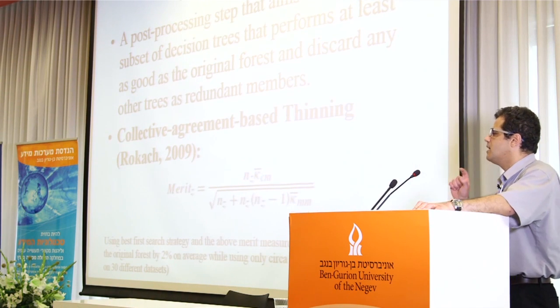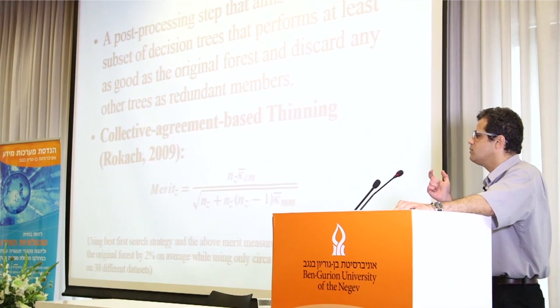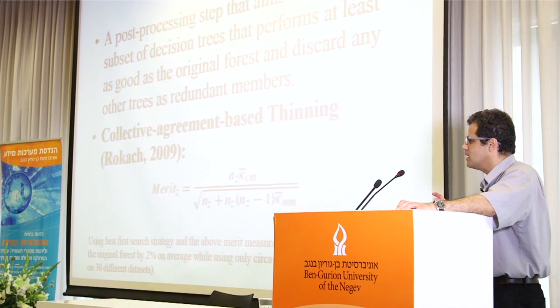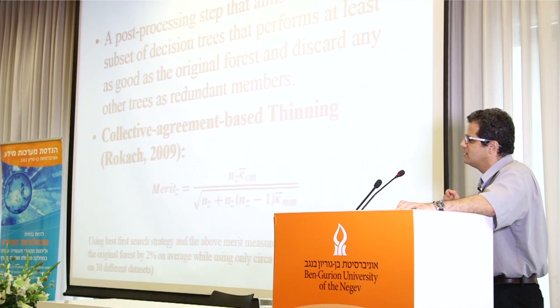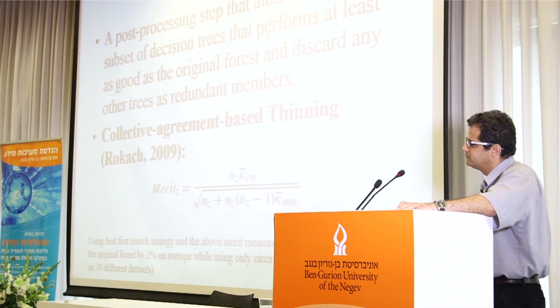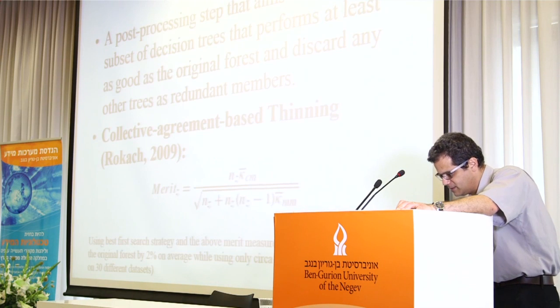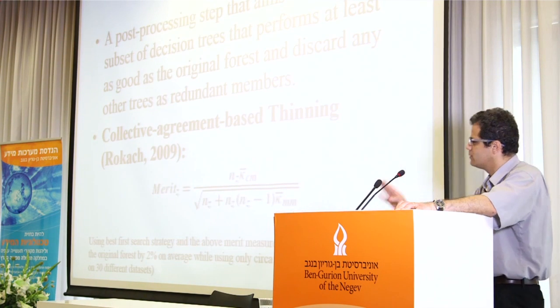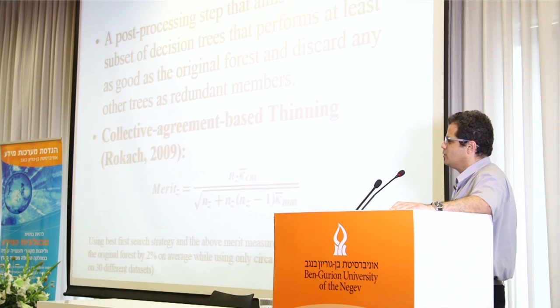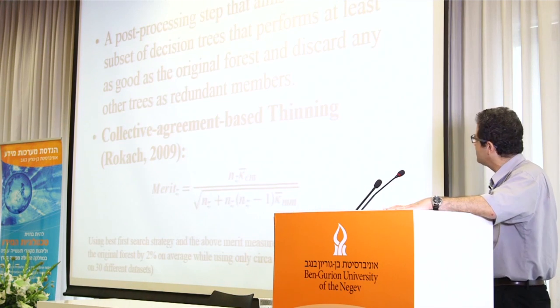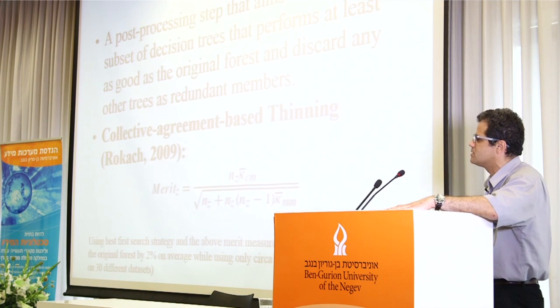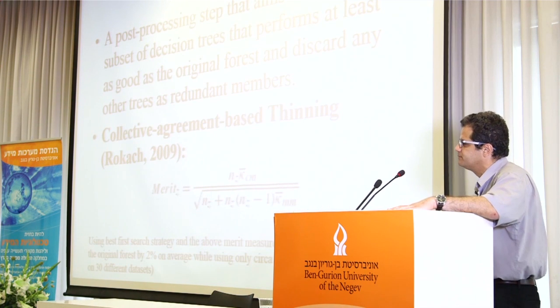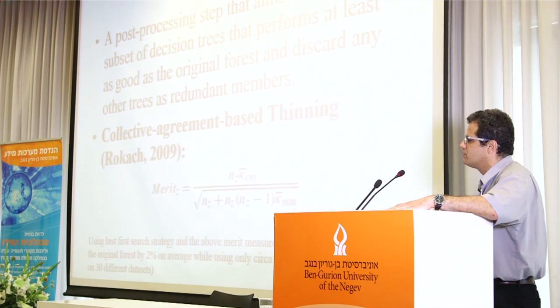So if they are accurate, but they are also diverse, I should prefer them on a different subset of the trees. It's not only accuracy. The numerator is selecting the accurate, and the denominator is selecting the diverse subset. This is why it can provide good results.